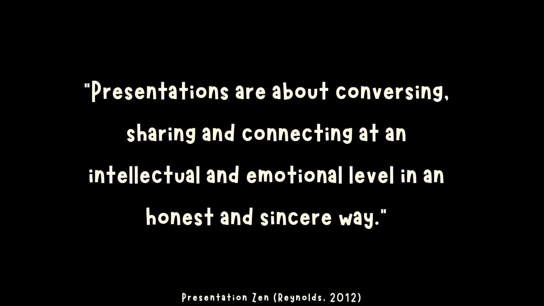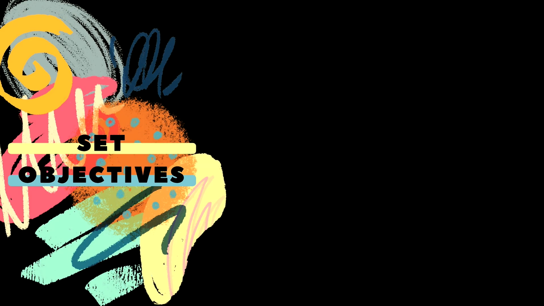So I am going to follow with the second part of this, which is setting good objectives. We already talked about audience, our students, but now we have to have clear objectives.